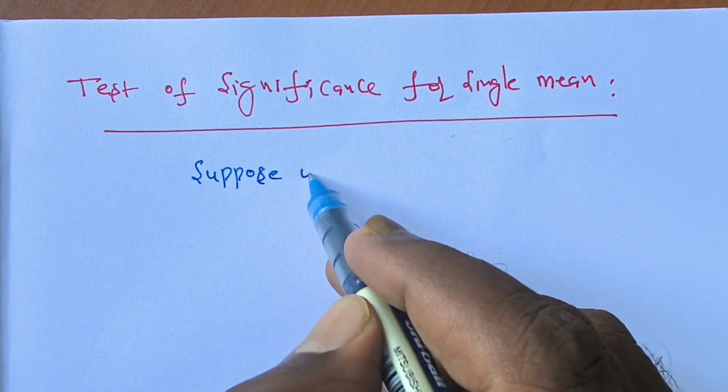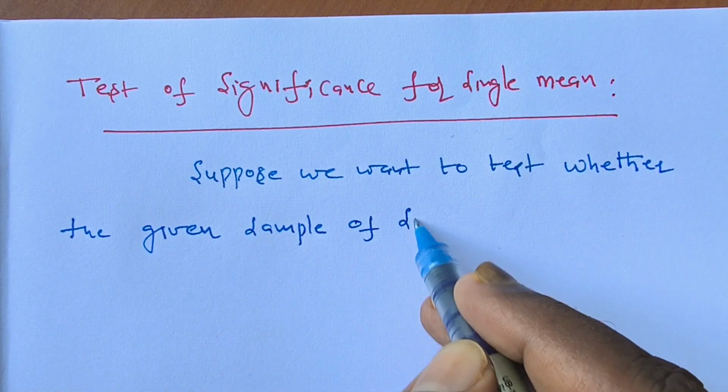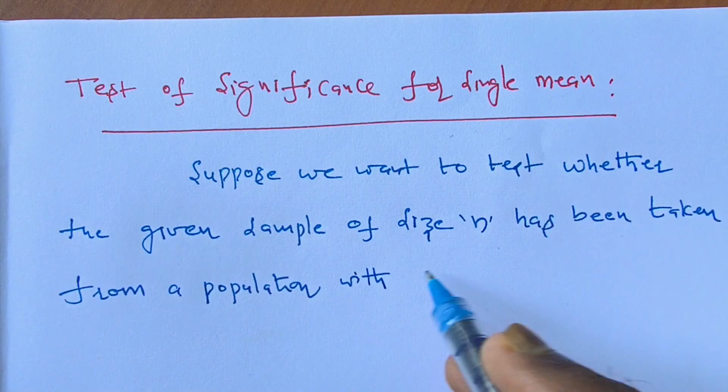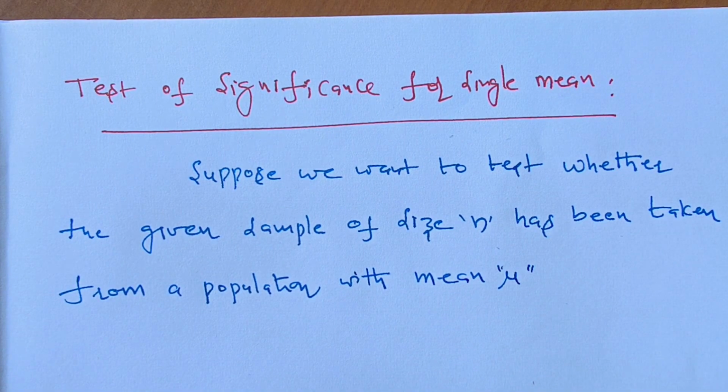It says that suppose we want to test whether the given sample of size n has been taken from a population with a mean mu.